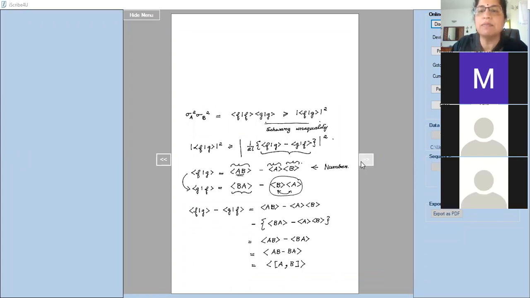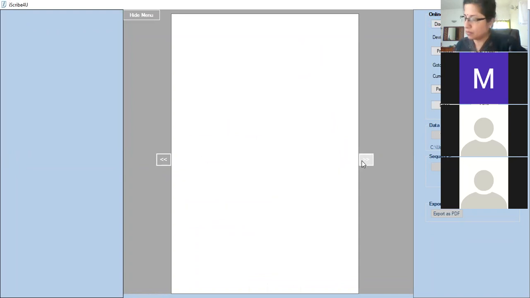Okay, fine. So let me go to another page now. So now what do we have? We essentially have to prove our thing. So if you remember, your sigma A square, sigma B square was greater than or equal to, I'm going to just write it down now.